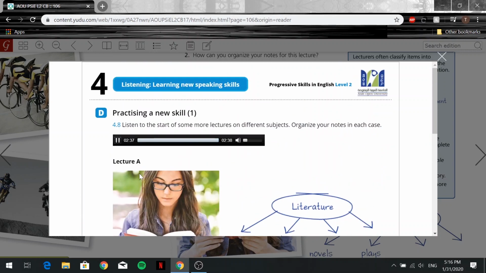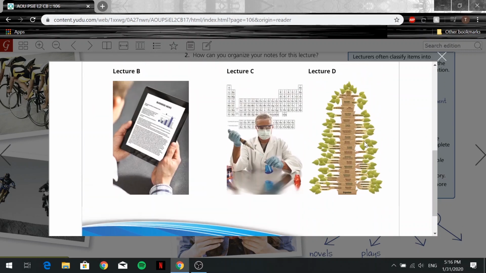Okay, he didn't keep going. Interesting. So for lecture D, he's talking about living things, and living things can be classified into 3 different kingdoms. We have animals, plants, and fungi. Okay? And for animals, it is divided into 4 different categories: mammals, birds, fish, reptiles.